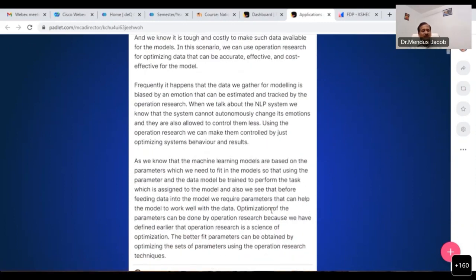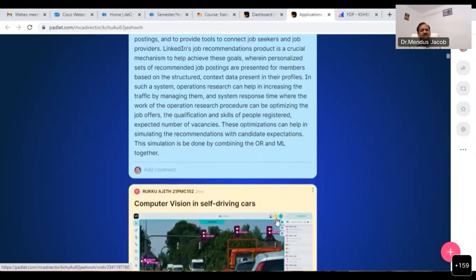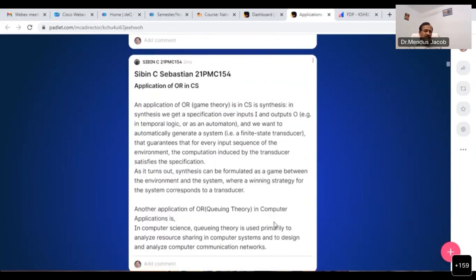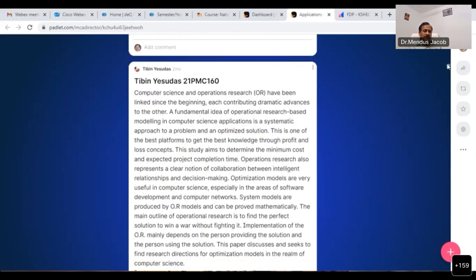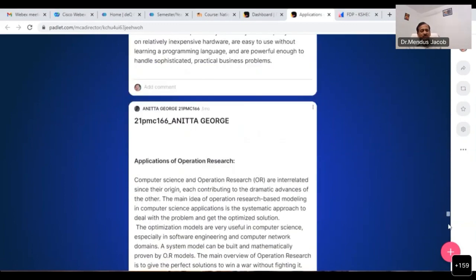That means a lot of learning is happening. If a student is lazy, then definitely he or she has to go through all the submissions. That means a lot of learning is happening there. So when we go for the OBE approach, that will benefit each and every student. This is one of the strategies we adopt while using Padlet, and it is easy for us to monitor also.